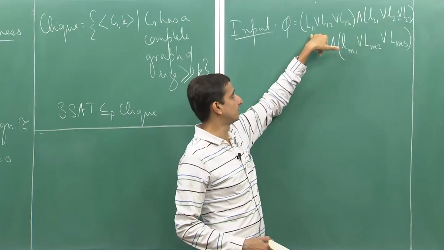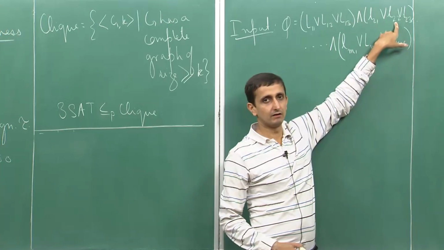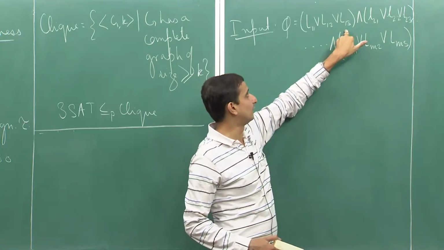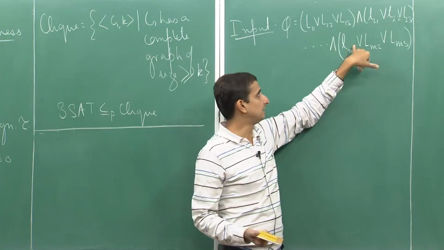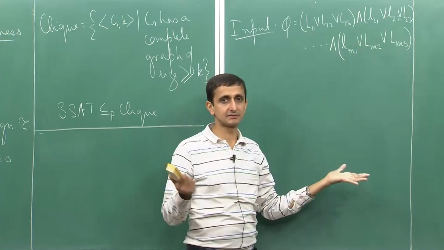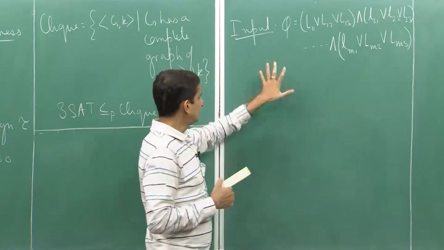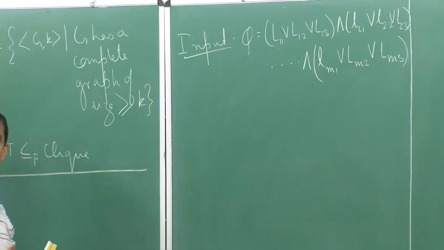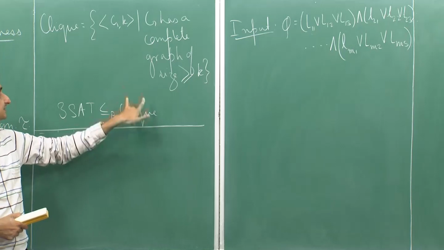For example, I can have a variable x1 here and maybe again x1 here, or maybe I have for L13 I have x3 complement, and again in LM1 I have maybe x3. So, they can be any collection of variables. So, given a formula like this, I have to construct an instance of click. So, what is an instance of click?